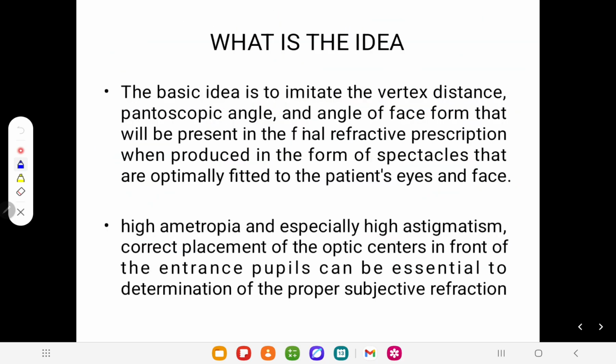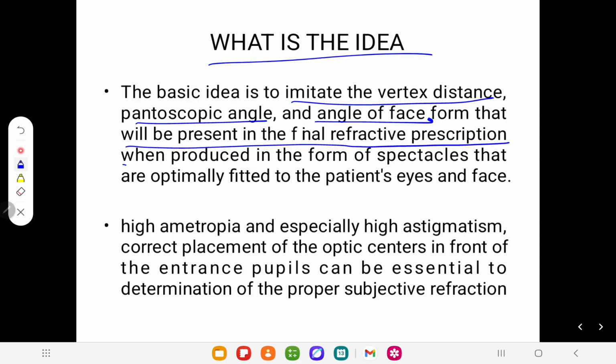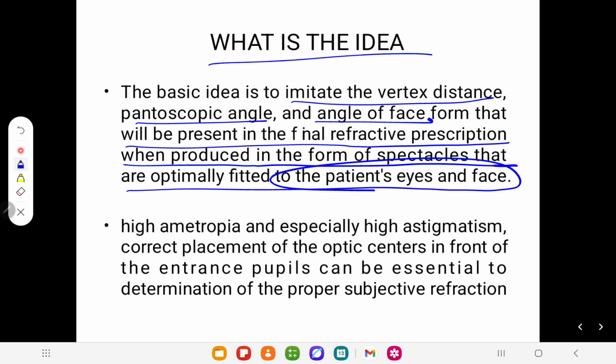Okay, so what is the idea of a starting point? The basic idea is to imitate the vertex distance, pantoscopic angle, and angle of face form while presenting the refractive prescription, producing the form of a spectacle that optimally fits the patient's face. So we are definitely imitating it, we are definitely copying it. Basically, vertex distance, pantoscopic angle, face form, of the spectacle frame the patient is supposed to wear, isn't it?